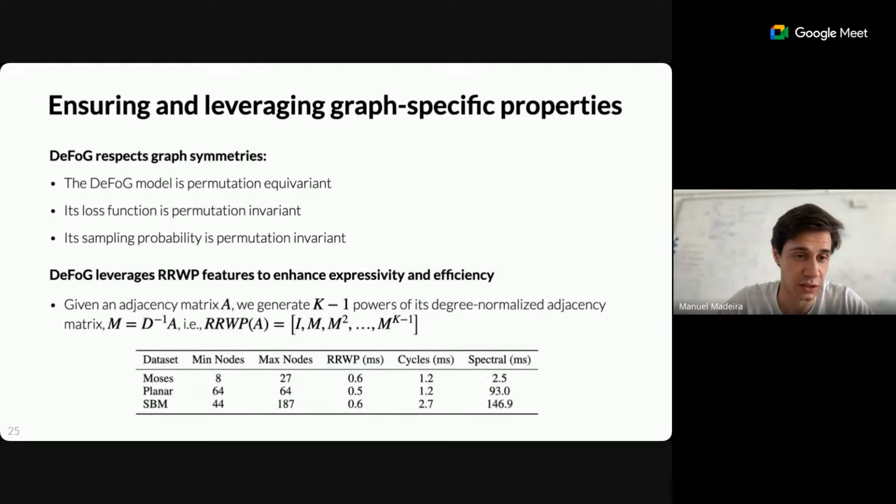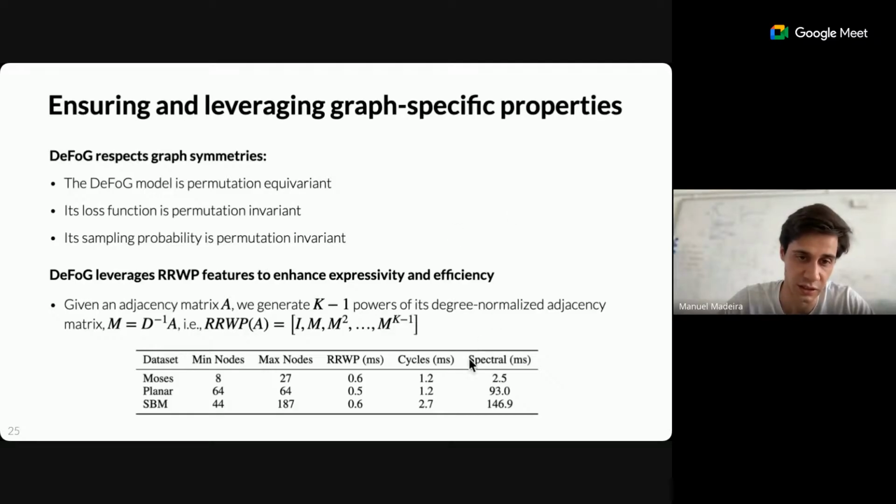Then finally, we also leverage some extra features to enhance the expressivity and the efficiency. In this particular case, we used powers of the degree normalized adjacency matrix, which is defined as in the slide. The main idea is that we use these extra features to enhance the expressivity, and in comparison to previous works, the computation of these features is much faster.